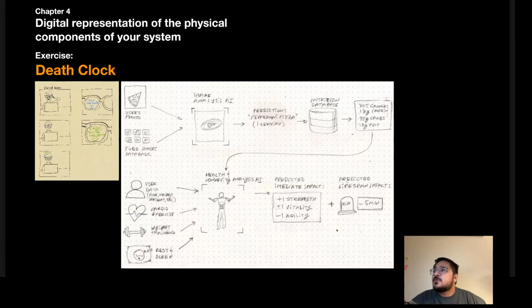So how long you are going to live, it's a predicted score, it's not 100% accurate, but that's how you can draw a digital representation of the physical components of your system.